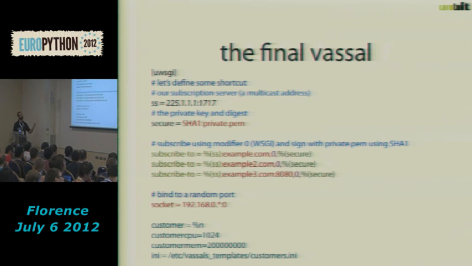For example, 0 means put the request in the Python plugin. The fifth one is per plugin, and so on. In that way, you are specifying subscribe to example.com as a 0 modifier, so a Python app, using that secure key. Again, we bind to a random port on the first available address.